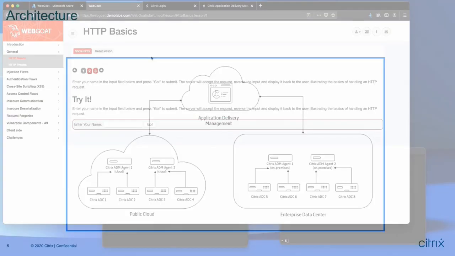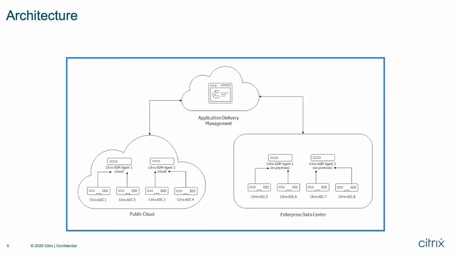Let's take a look at the connectivity. Now, as I understand it, we've got application delivery management, ADM, which can run as a service sitting in Citrix's cloud. And in order to link our ADCs, wherever they might be in the world, different data centers, running in Amazon, running in Azure, different cloud environments, when we want all of those to connect back to the ADM service, we do so using agents.